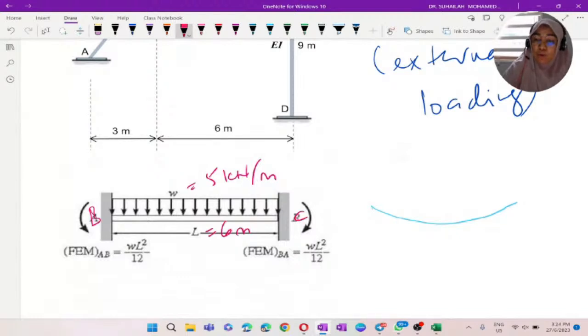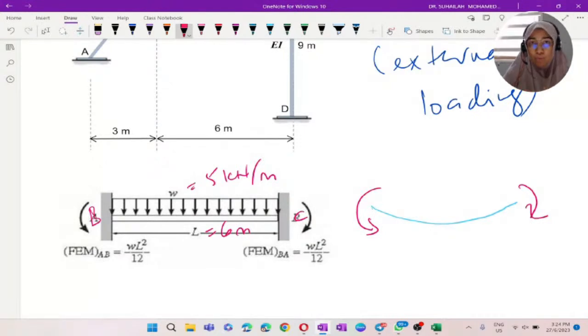So the fixed end moment is applied in this direction, so that when we apply fixed end moment in those directions at B and at C, the bent beam will go back to straight position.